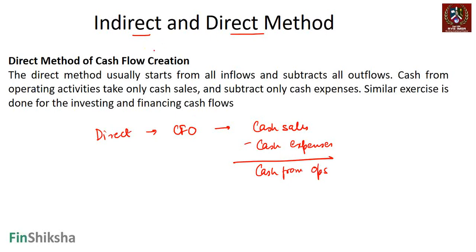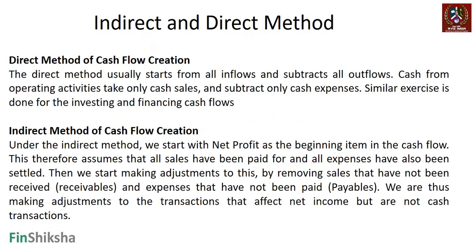Most companies, however, use something else, which is called the indirect method. Now, what is the indirect method? Under the indirect method, we start first with the net profit as the beginning item. So you start with net profit and then you make adjustments. When you start with net profit, what is net profit? Net profit is sales minus all costs.